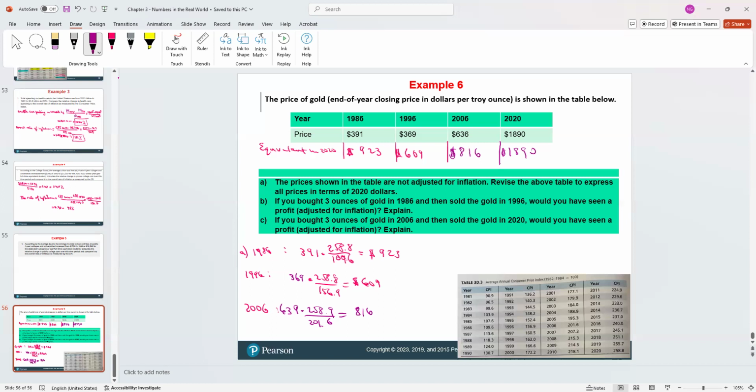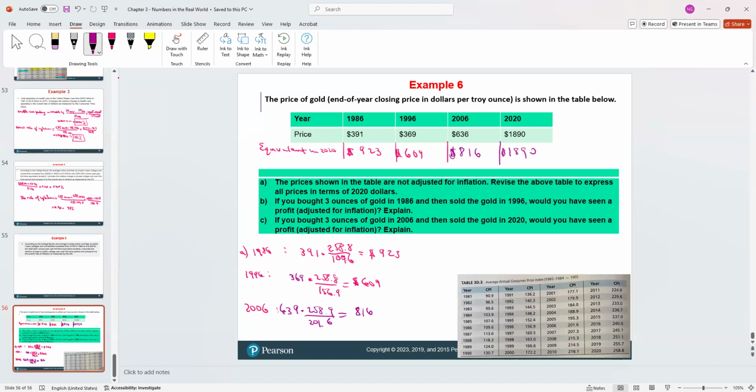Like let's say part C. If you bought 3 ounces of gold in 2006, and then sold the gold in 2020, would you have seen a profit? I'm really waiting for you to answer these questions. Yes, when adjusted for inflation, you see you jump from $816 to $1,809.